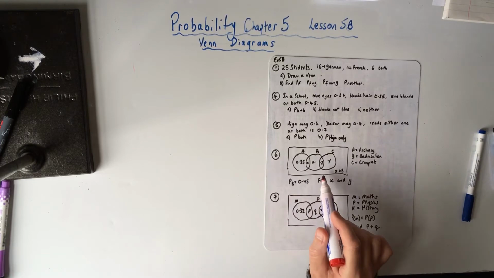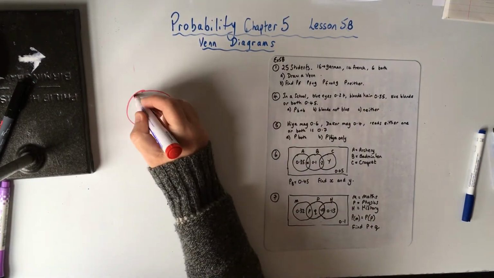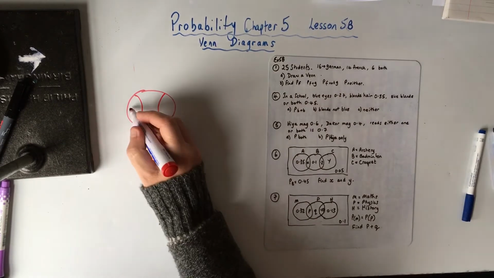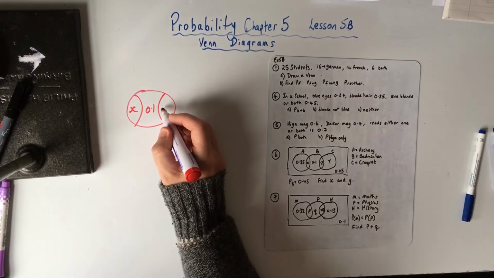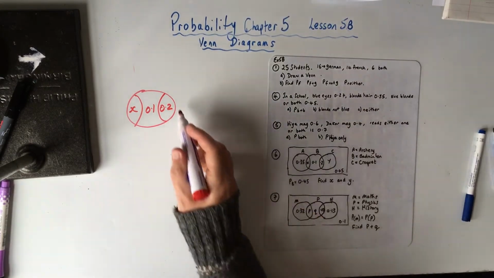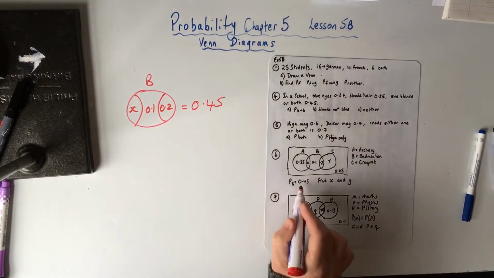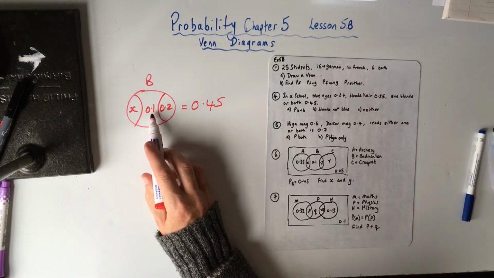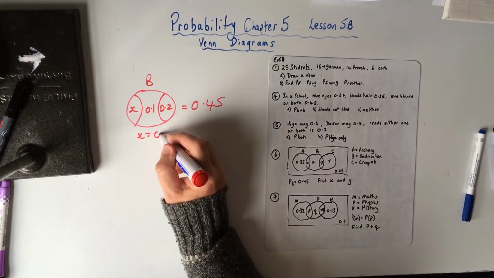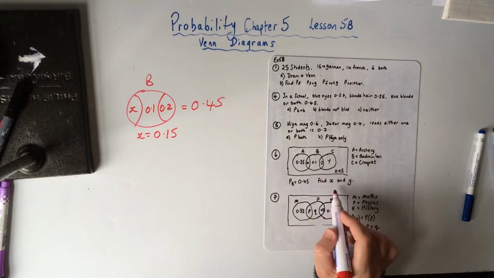It tells you that the probability of choosing badminton is 0.45, so that circle in the middle, you've got that, and you've got x, 0.1 and 0.2. If the probability of choosing badminton is 0.45, then with 0.3, x is just 0.15, isn't it?